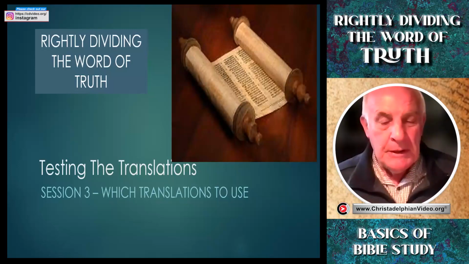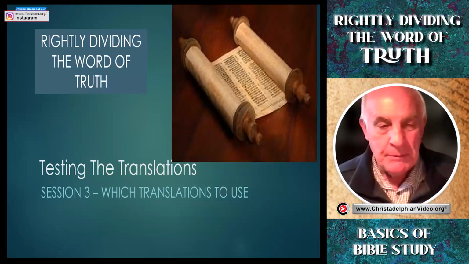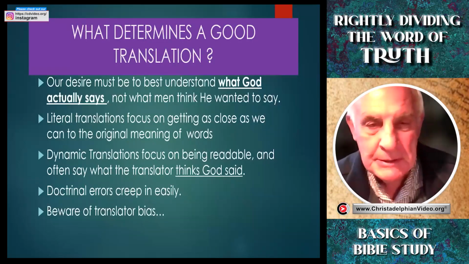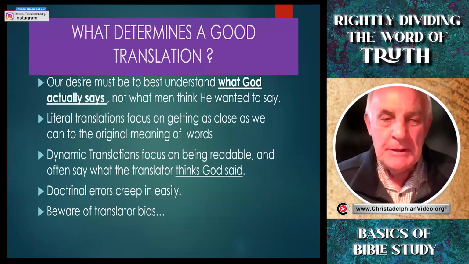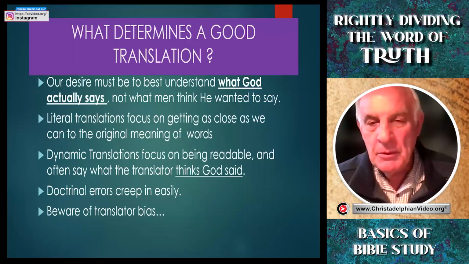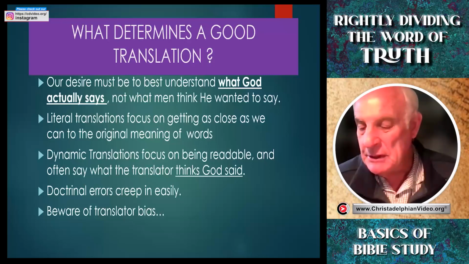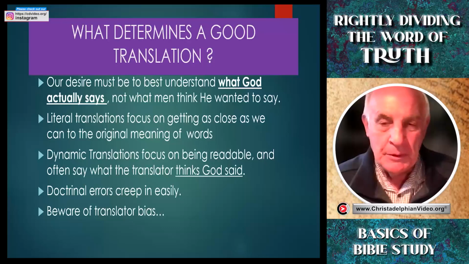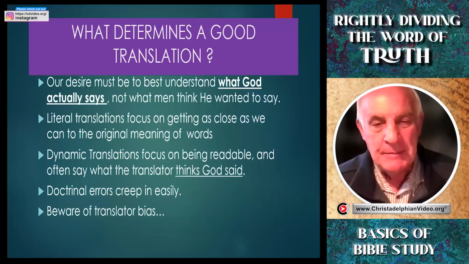So we're going to look at these translations that we've been talking about, but just to remind you of what we've looked at in our previous sessions, the reason why we have various translations is there must be a desire to understand what God actually said, not what men think he wanted to say. And that's the great danger with translations, that with many of them you get the translator's view of what God was saying rather than what God actually said.